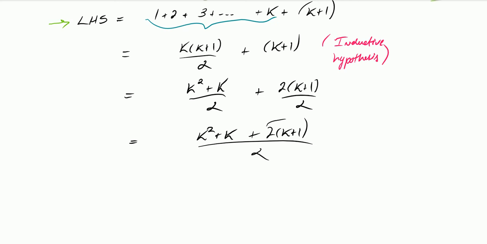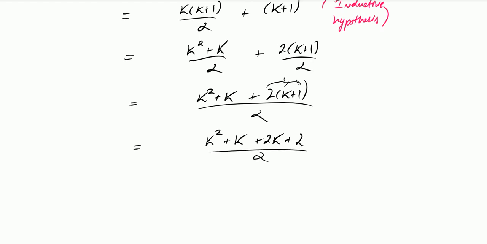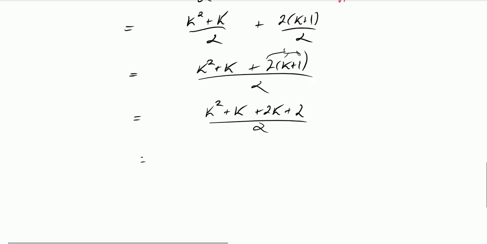I distributed the 2, which gave me k squared plus k plus 2k plus 2. Actually, I could have avoided doing that, but it's just to be clear. Now I'm going to factor k, which leaves me k times k plus 1, plus 2 times k plus 1, over 2.